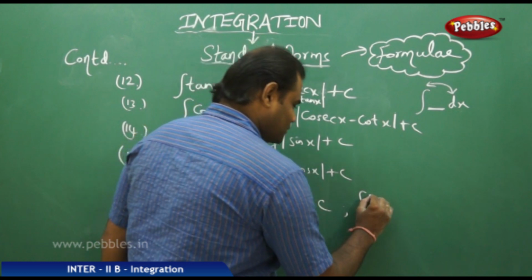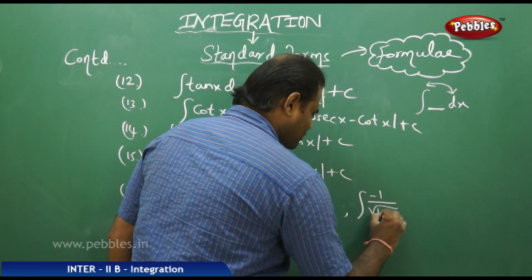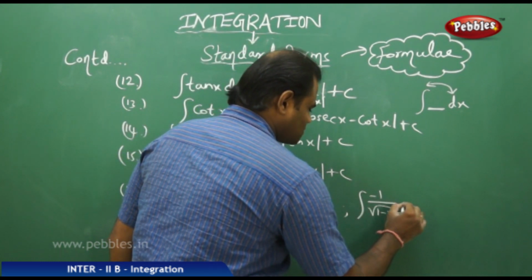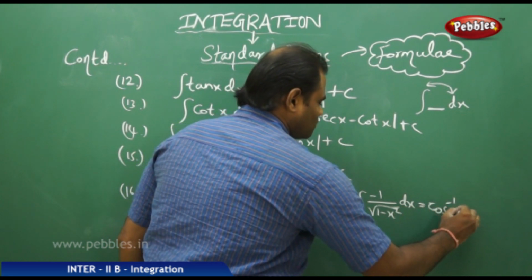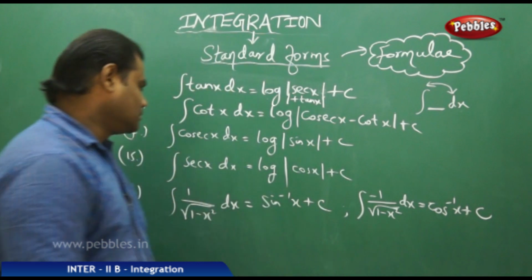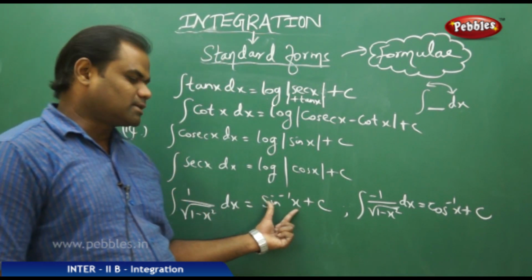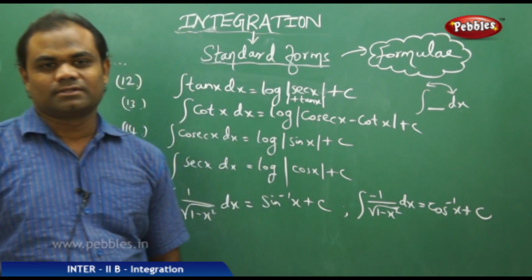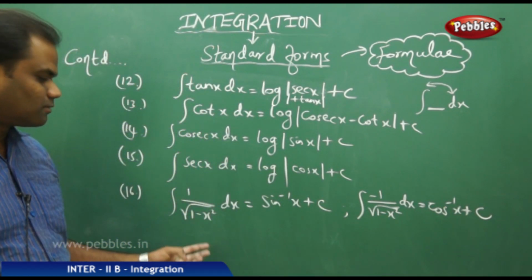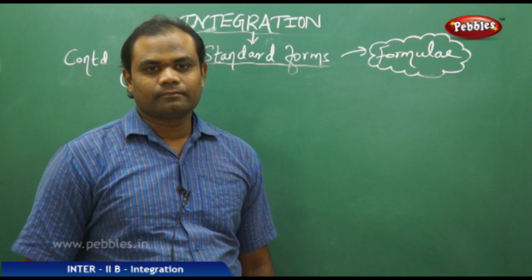And integral minus 1 by root 1 minus x squared of dx is cos inverse x plus c. So if I have 1 by root, it is sine inverse, and minus 1 by root this is cos inverse. To be continued with the rest of the formulae in the session.